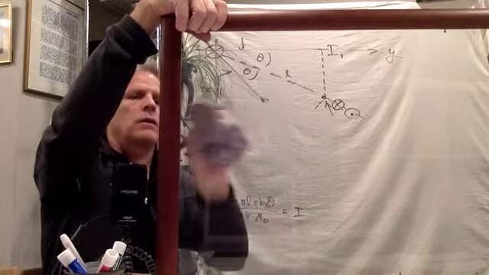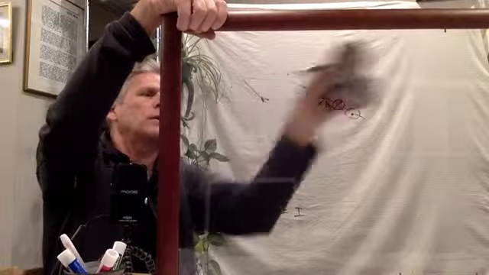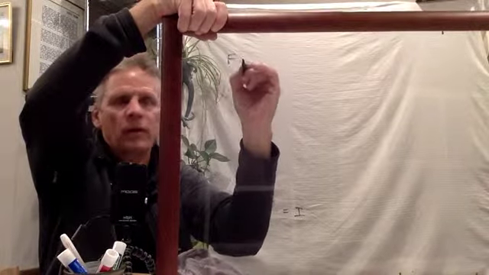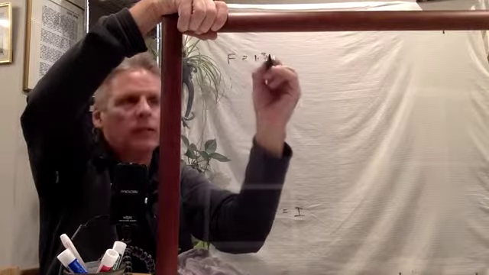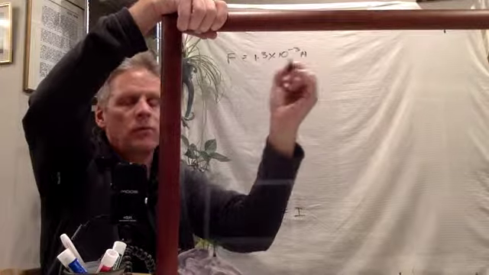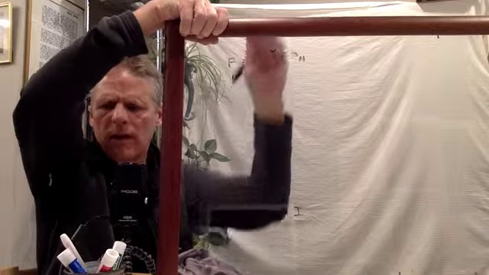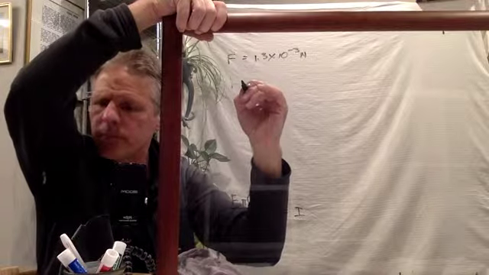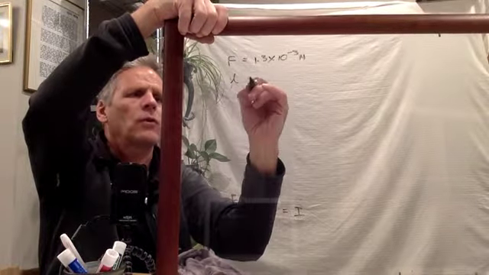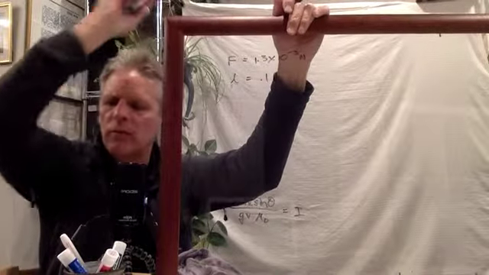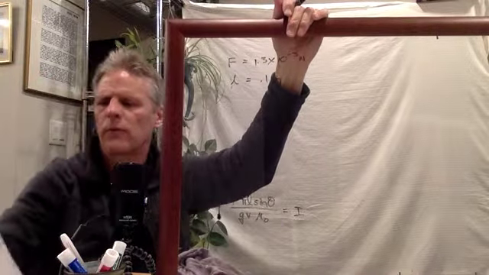I'm just going to go ahead and erase everything and put our givens in. So what are we told? F equals 1.3 times 10 to the minus 3 newtons. L equals 10 centimeters, which is 0.1 meter. Remember, everything needs to be in meters.